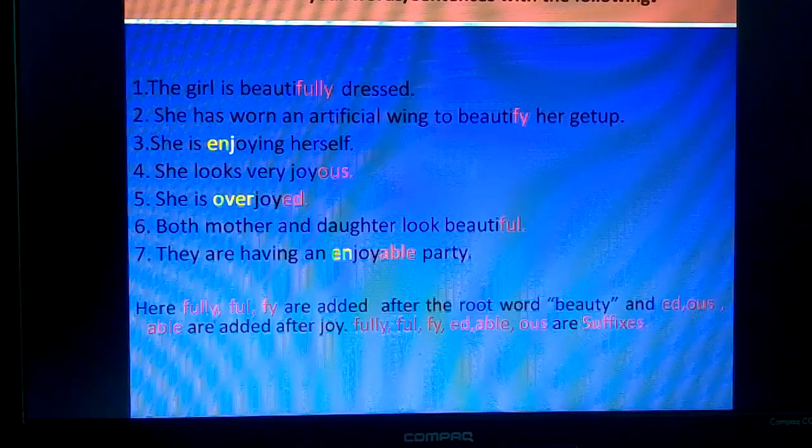Now, here F-U-L-L-Y, F-U-L are added after the root word beauty, and E-D, O-U-S, A-B-L-E are added after joy. So F-U-L-L-Y, F-U-L, E-D, A-B-L-E, O-U-S are suffixes.